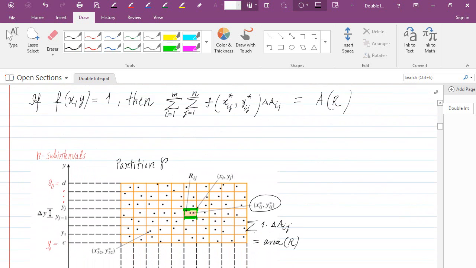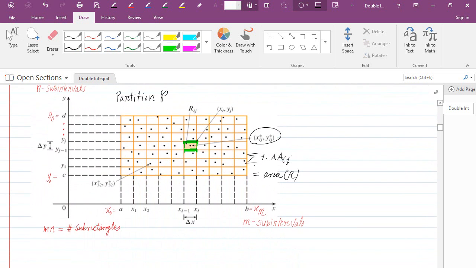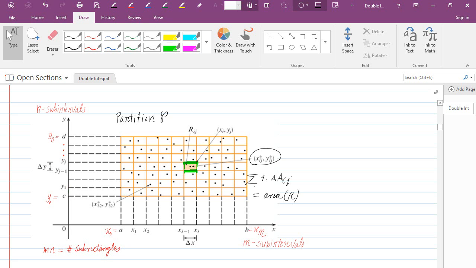And so you can see once again in this picture that if f of x, y is 1 for all x, y, then the Riemann sum that we had would be 1 times the area of the ijth subrectangle.